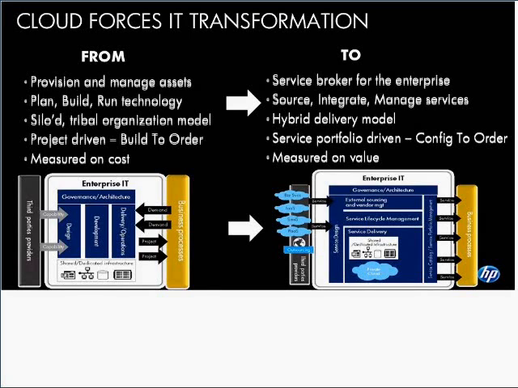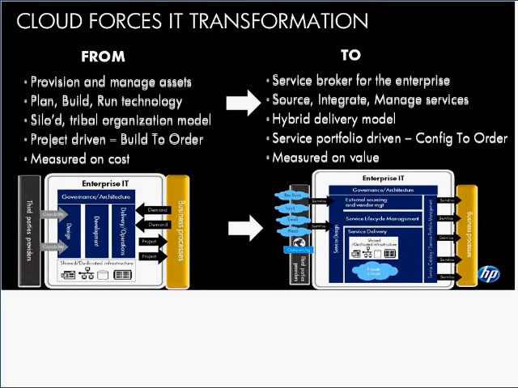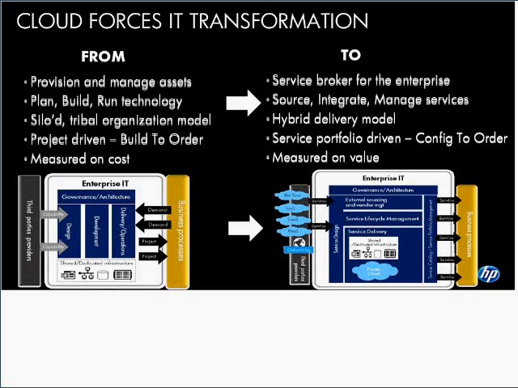And what happens when you make this transition is that you shift away from being measured on cost to being measured on value. And I know a lot of people talk about that, but I think it's very important to understand that cloud services, because the business is able to use them to solve new problems and solve old problems faster, are something that they can attach an economic value to, versus technology like infrastructure as a service, which is so far removed from the business, where everything is measured on cost.